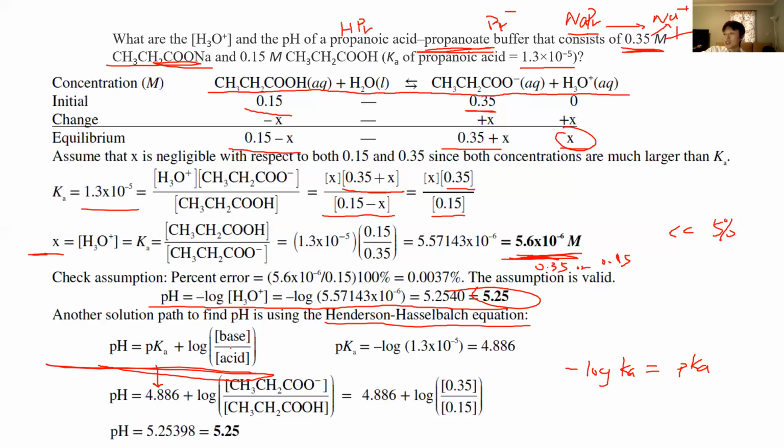We know the conjugate base is 0.35 and the acid is 0.15, so we can use the equation directly, and you get the same result. But remember, if any of them is 0 or it is not a buffer system, do not use this equation.